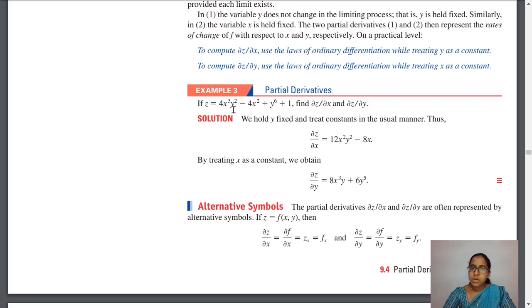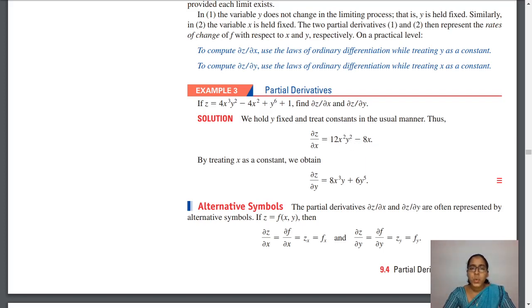Remember that y square is a constant. The derivative of x cube will be 3x square, so it will be 12x square y square. And here it is 4x square, so that is minus 8x. And y raised to 6: y is a constant, so the derivative of the constant is 0. The last term is also 0. So dou z by dou x is 12x square y square minus 8x.